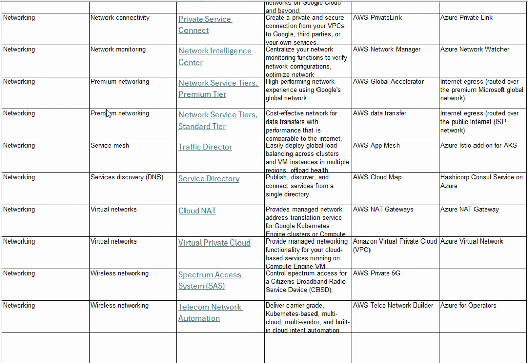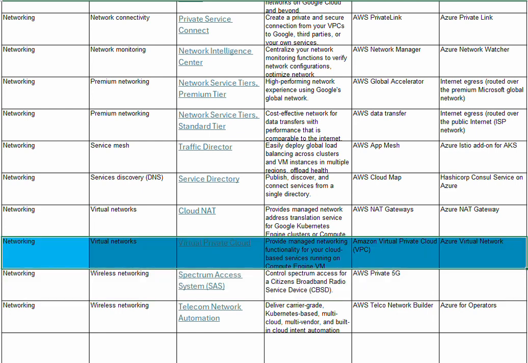So there is something called a network gateway. Azure NAT Gateway is there, on Google Cloud, Cloud NAT is there, and on AWS, NAT gateways are there. This is very important, because without it none of the IaaS things will work.